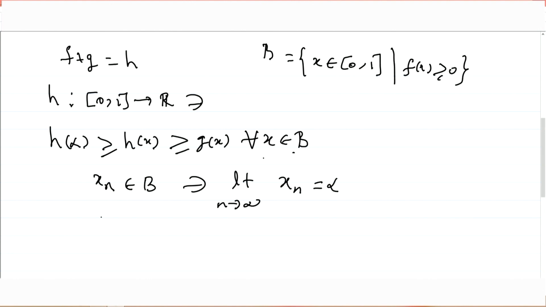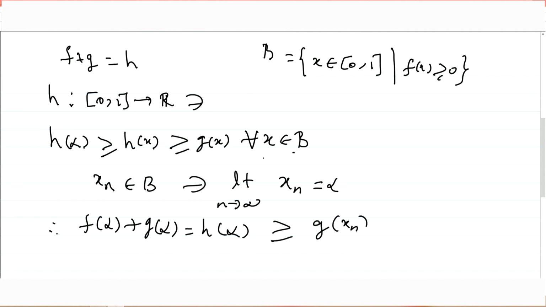Now I make use of the fact that g is a continuous function. Therefore, I have f of alpha plus g of alpha, which is h of alpha, greater than or equal to g of xn. What does this imply?